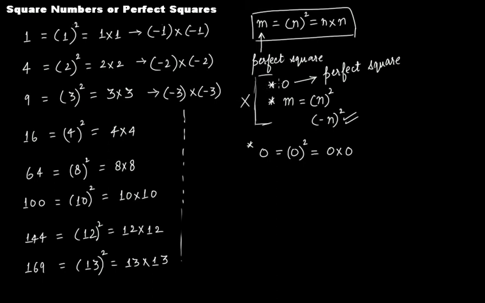What they think is that this n should always be a positive integer. It should always be a positive integer. When you put this condition that this n should always be a positive integer, then there is no scope for 0.